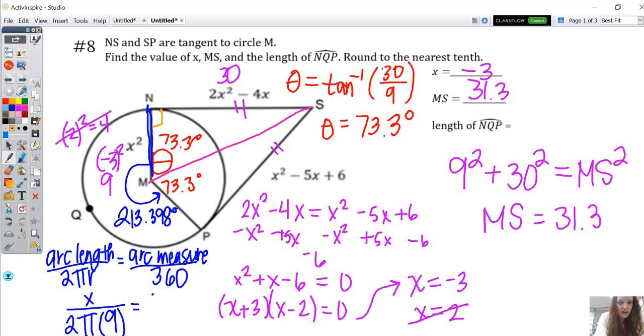The arc measure we just found was 213.398 degrees over 360. And so when you cross multiply and then divide off the 360, you get the length of the arc, rounded to the nearest tenth, to be 33.5. And there's no units on this one, so we're good to go.